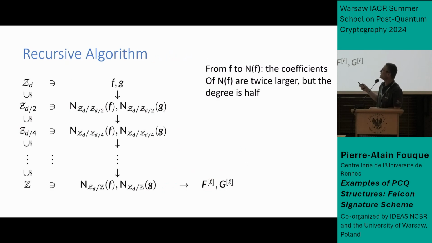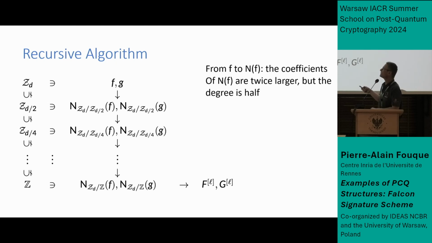The idea now is to begin with small f and small g in this ring, and you just apply the norm up to the last ring, so you can apply it 9 times. What happens when you go from this to this element? f is a degree d polynomial with small coefficients, but when you compute this value, the degree of this polynomial is half.